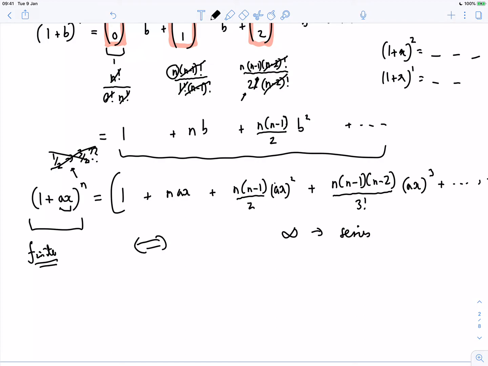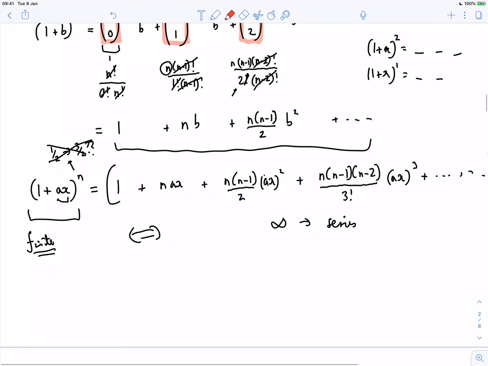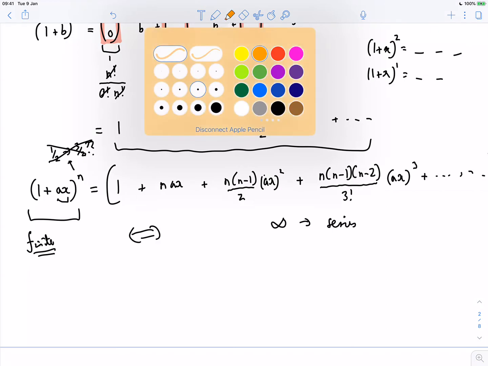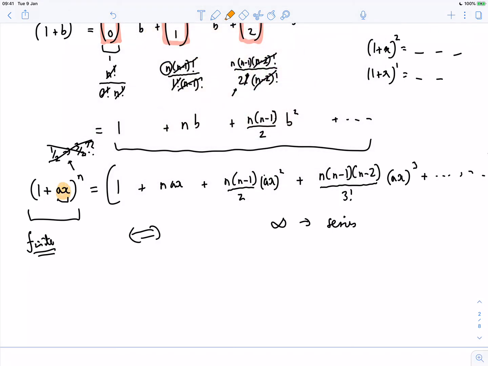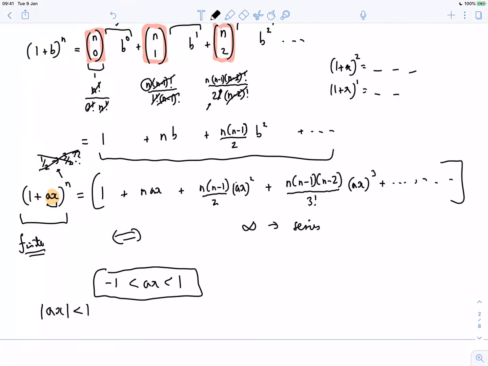And the way we deal with that is we say, okay, this is only a finite series when, now this is really important, when this ax term here is less than 1 or greater than minus 1. Now another way you can write that is we can say the magnitude or the length of ax is less than 1. Now here's the reason why that has to be the case.